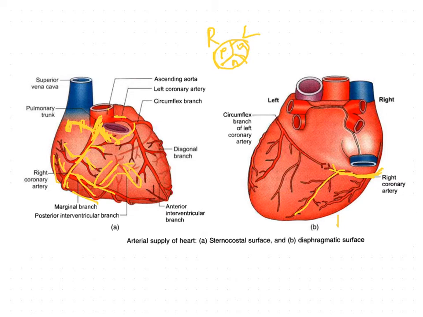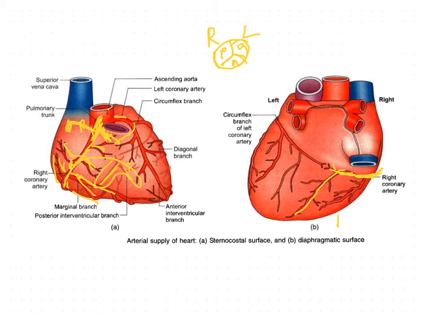So it gives a branch to the conducting system, which is present here: the AV node. These are the branches arising from the right coronary artery.